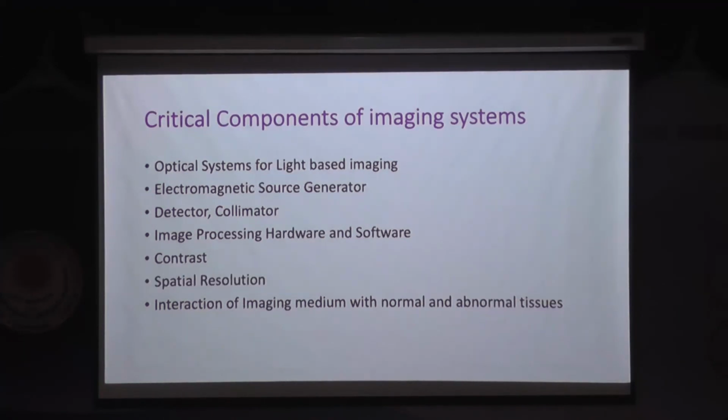Then the detectors and collimators that collect the signals, whether it is radio frequency signals or light signals or ultrasound signals or X-rays. Image processing hardware and software is extremely important. The contrast is a very important point, and the spatial resolution and interaction of the imaging medium with the normal and abnormal tissues. So deep understanding of each of these is required for optimal understanding and analysis of most of these imaging systems.